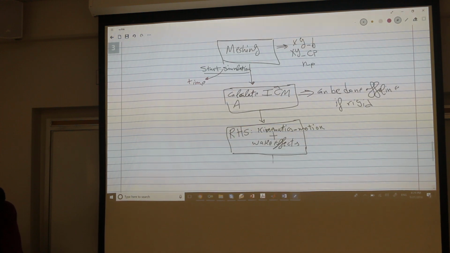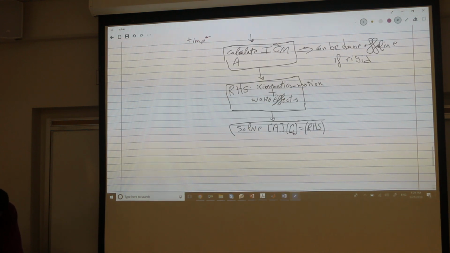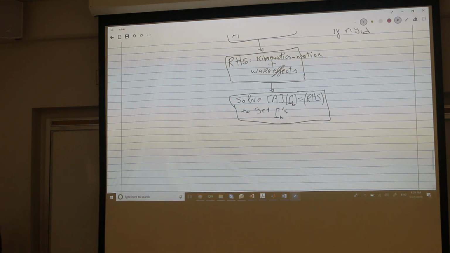We have A, we have the right hand side, solve the linear system A times gamma bound equals right hand side, to get the gammas. Once you get the gammas, we're done. The rest is post-processing. If you want to get the velocity at any point, that's okay.